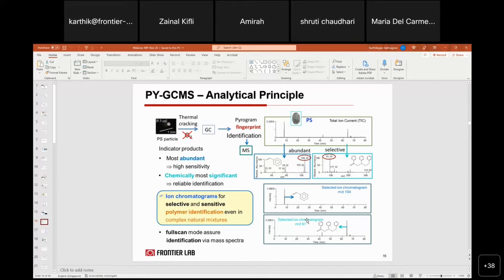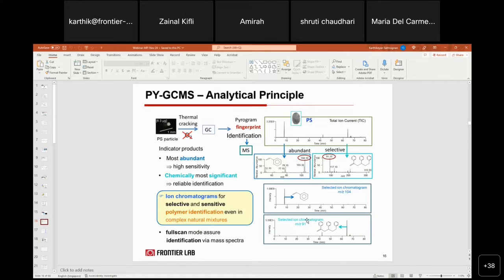These micromolecules can be used as a fingerprint for identification of the macromolecule. These are the most abundant pyrolysates, so they have high sensitivity and are chemically most significant, so the identification can be more reliable. The ion chromatograms allow selective and sensitive polymer identification, even in complex natural mixes.